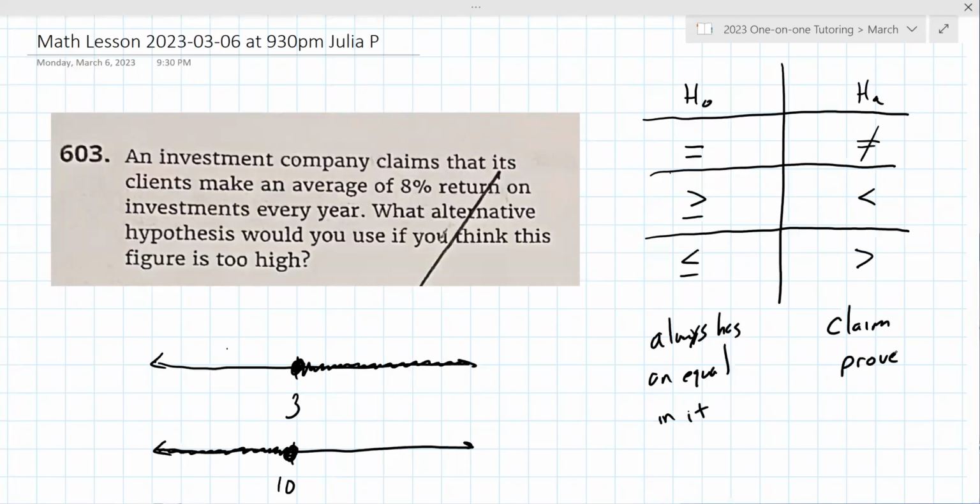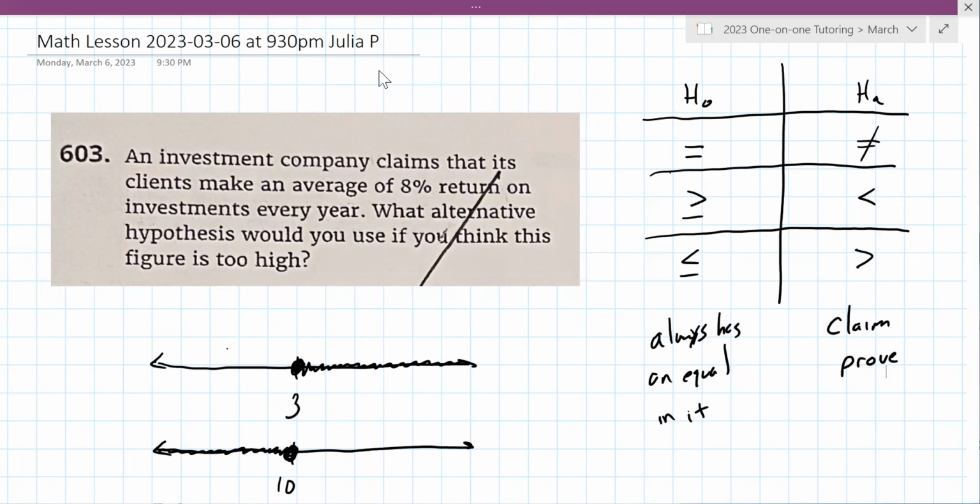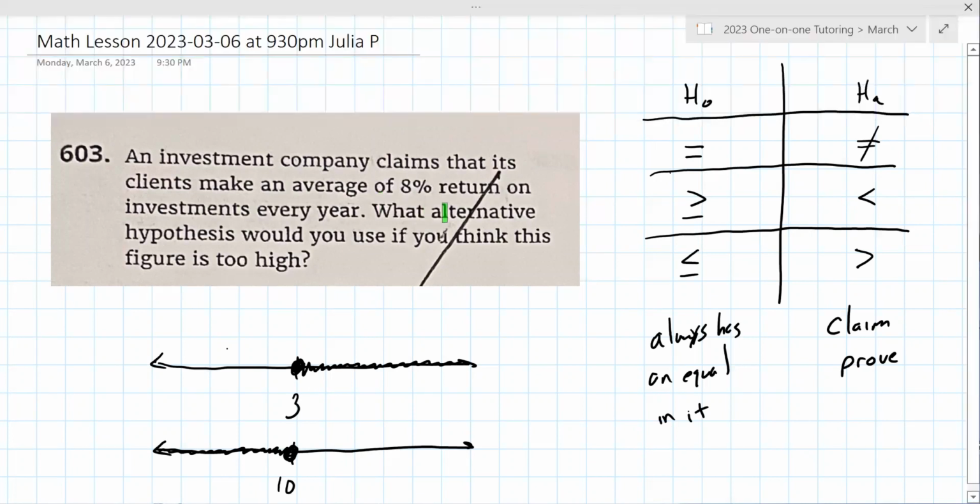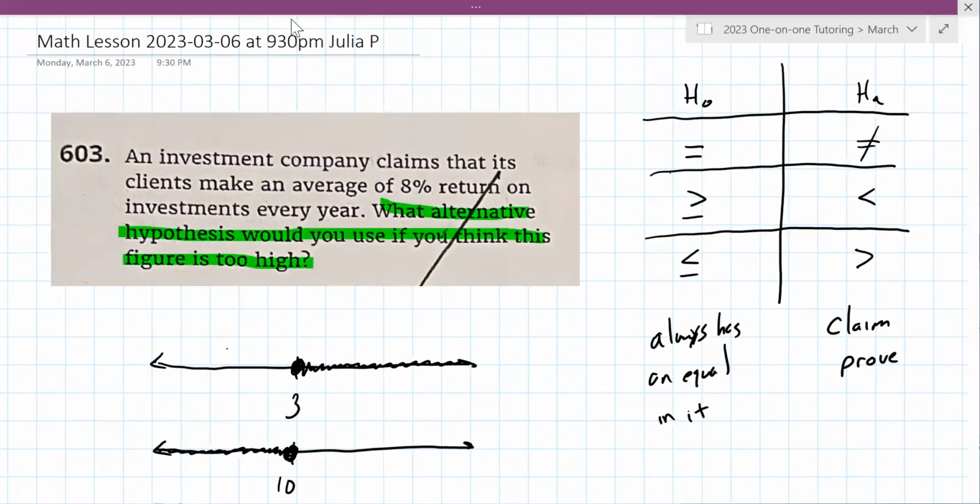Okay. So in this problem, do you want to prove that it is not equal to 8%, less than 8%, or greater than 8%? And it's all based on that last sentence there. If the figure is too high, so if it's more than 8%?